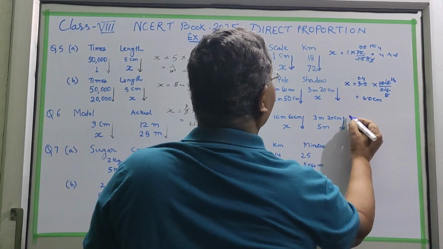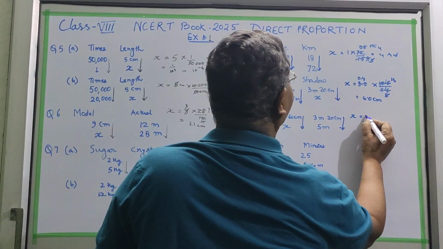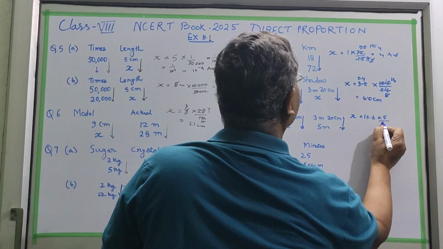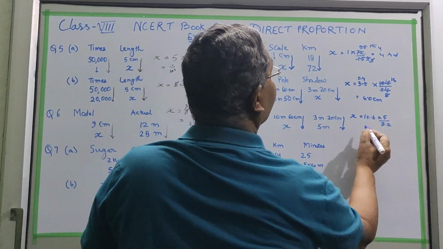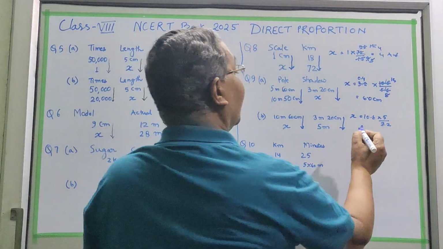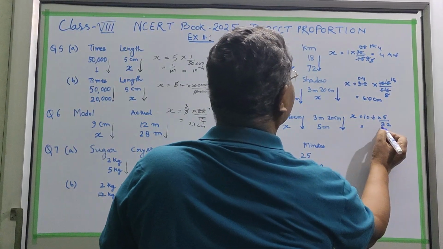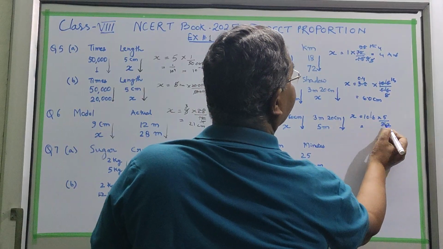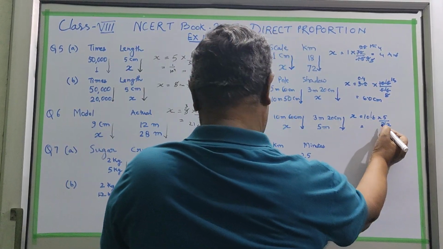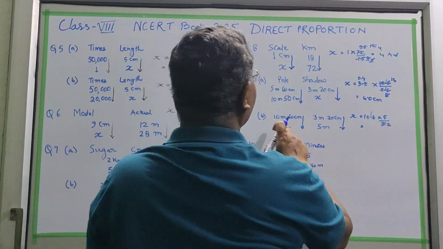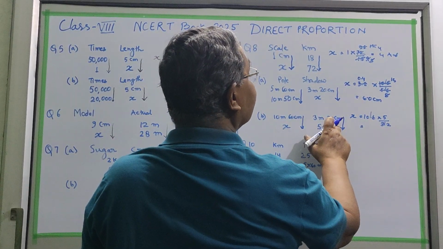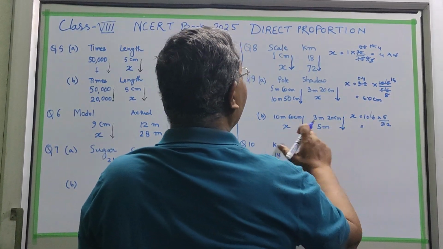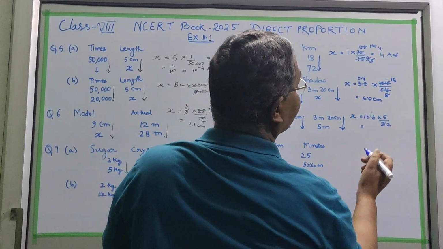So x equals, in decimal form, 10.6 into 5 upon 3.2. What will be the length is 10.6, then it is 3.2 centimeter. So if it is 5, what will be the pole's length they want to know.